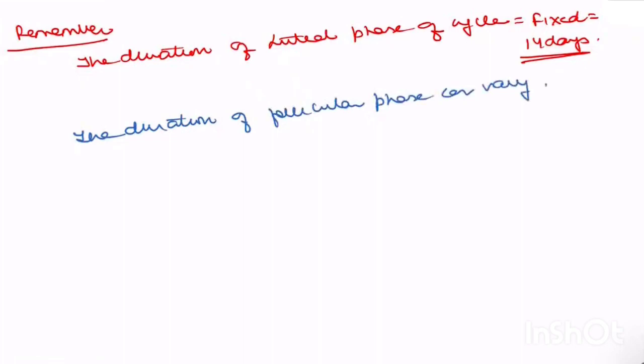So suppose, now I'm giving you a question. Suppose there is a female जिसका period आया 1st of March को. इस फीमेल की 30 डे की साइकिल है.